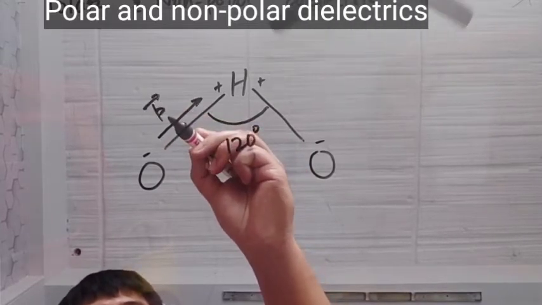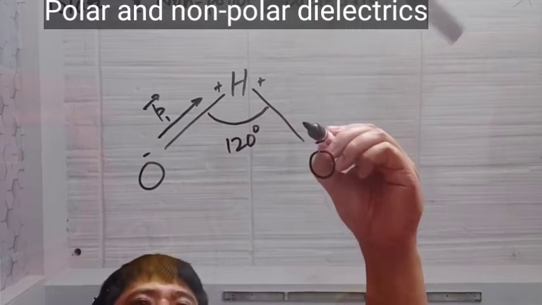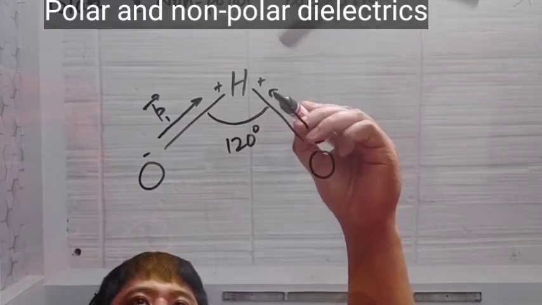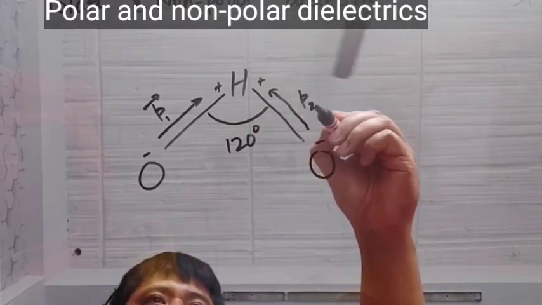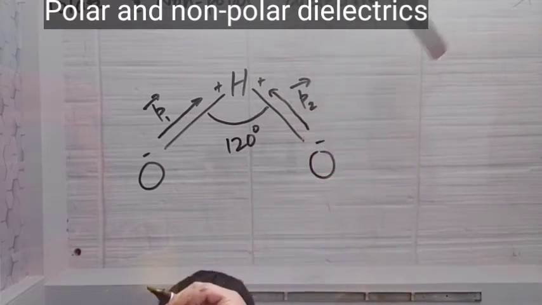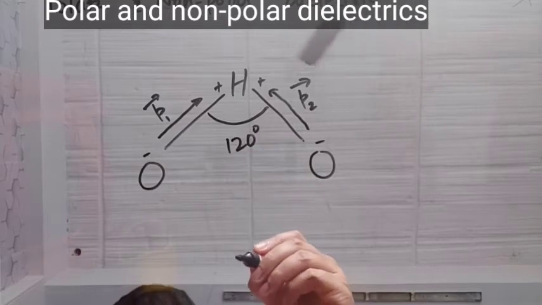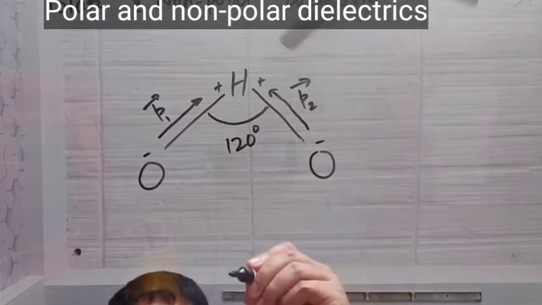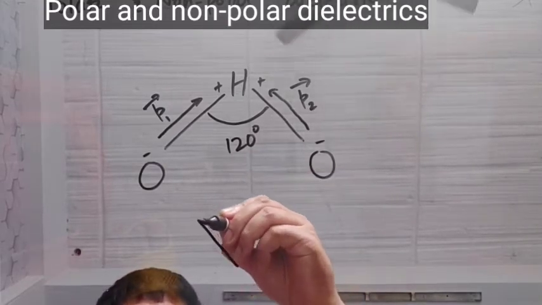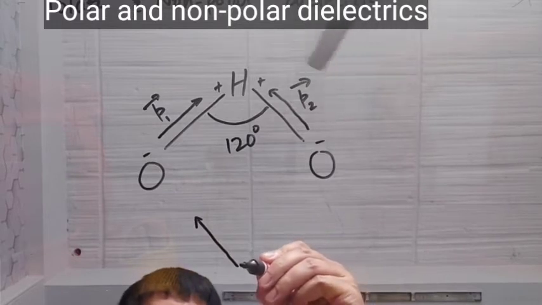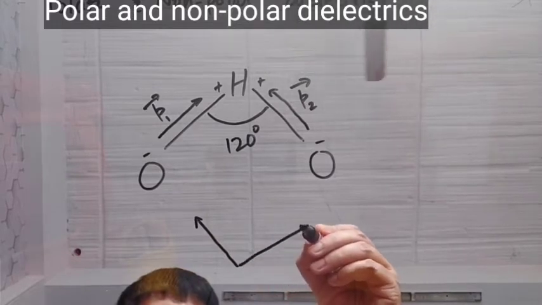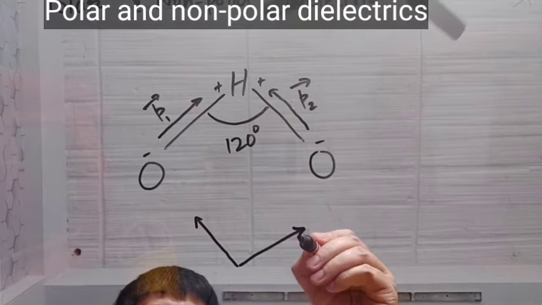This is P, let it be P1, and this side, let it be P2. Here we have two dipole moments, P2 along this and P1 along this, making angle 120 degree.